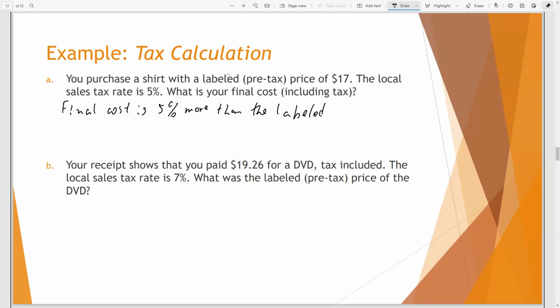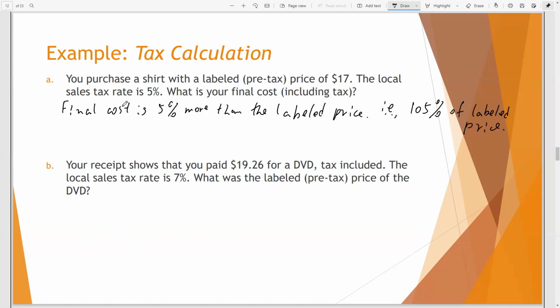Because your tax is a percentage applied to the original price, and just simply added to your original price. So in other words, 105% of the labeled price, right? That makes sense.